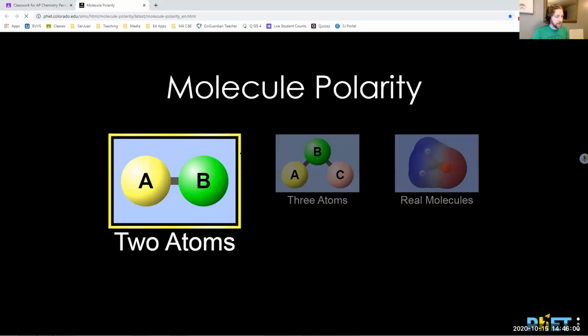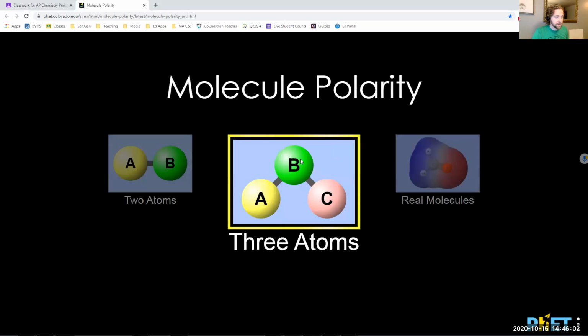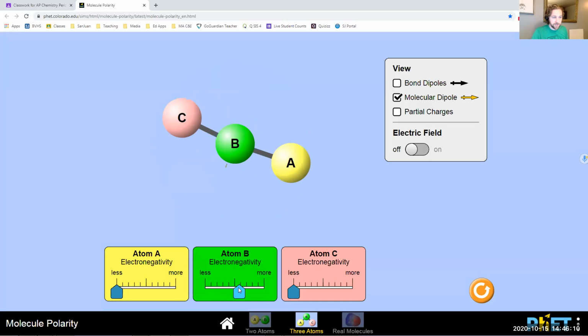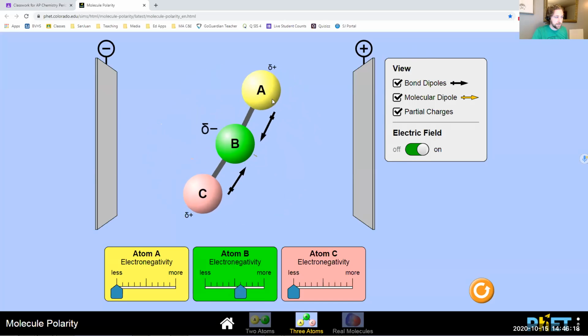So for the polarity one, 2 atoms, 3 atoms, real molecules, you get to move these around and adjust their positioning. And this one has to do with difference in electronegativities. This stuff on the right side, just see what happens when you click them. The instructions are pretty clear on how to set this up.